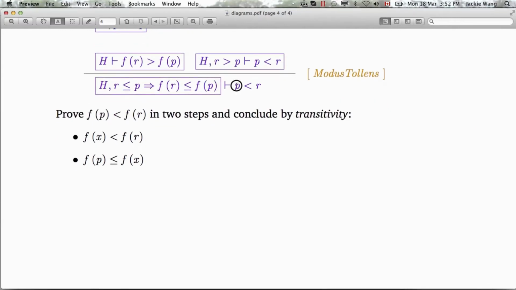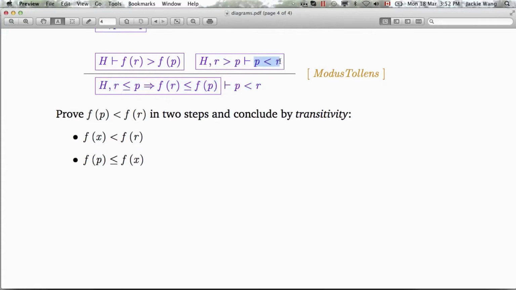To put that into our case of the event decrements, what we try to prove eventually will be P less than R. And from the implication that we saw in the Rodin, we want to instantiate something like this: R less than or equal to P implies f of R less than or equal to f of P. And it would be sufficient to prove by the modus tollens rule that, first of all, the existing hypothesis, meaning the existing axioms and invariants, entail f of R larger than f of P. We prove that first, and then we can apply the negation of the antecedent, which is R larger than P, which will entail the final goal of P less than R. As you can see, this is equivalent to here.